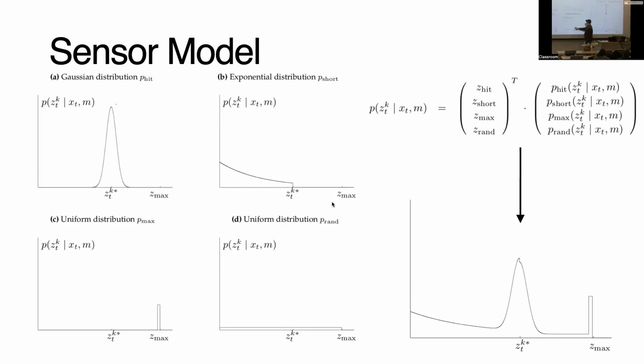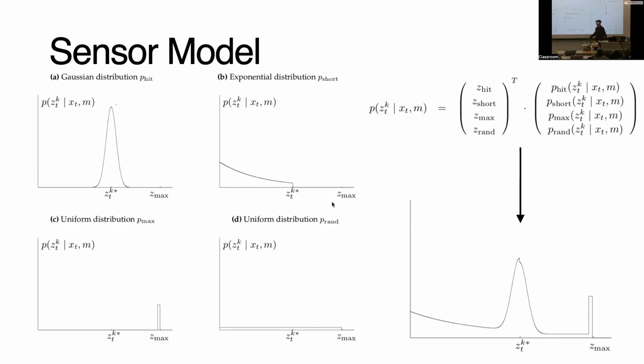We have then the probability that we just get a random measurement that makes no sense, all right? I don't know, the electronics did something weird, the sensor physics did something weird, and we just get a random measurement. That's our uniform distribution, p random. And then also there's a probability that we're going to get whatever the max range of our sensor is.